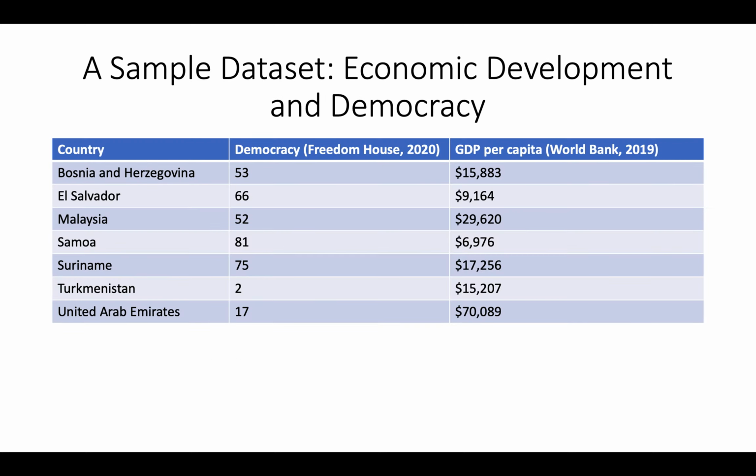We can calculate a brief example of covariance to see how the formula works. Here is the data set. It is a small sample of countries around the world, randomly selected. The two variables are gross domestic product per capita and a measure of democratic performance from Freedom House, a well-known democracy tracking NGO.